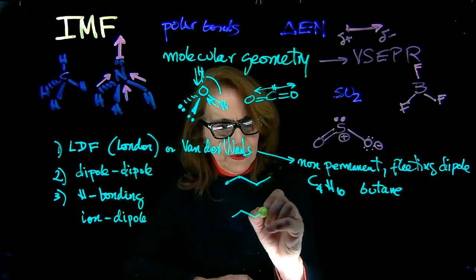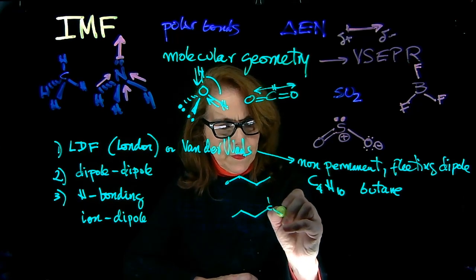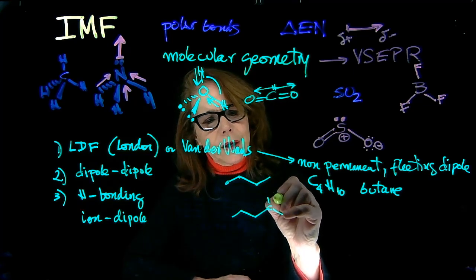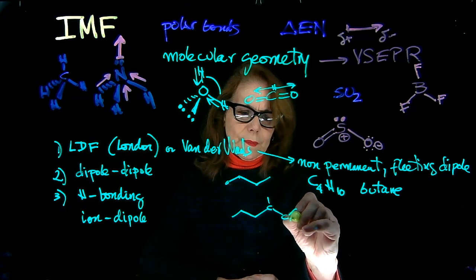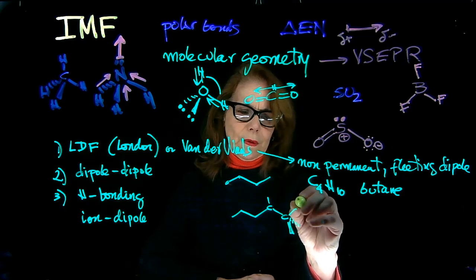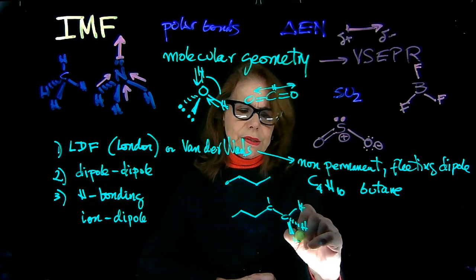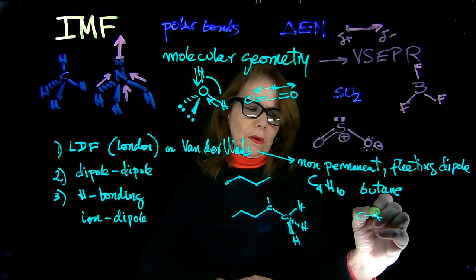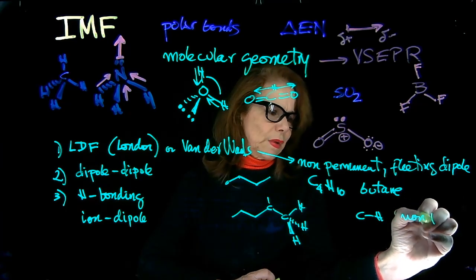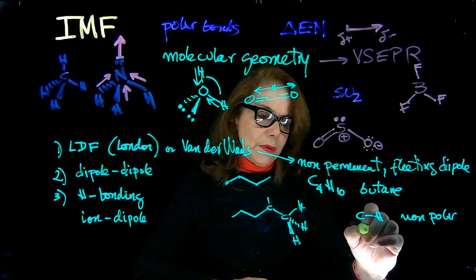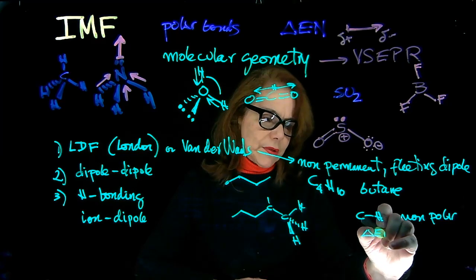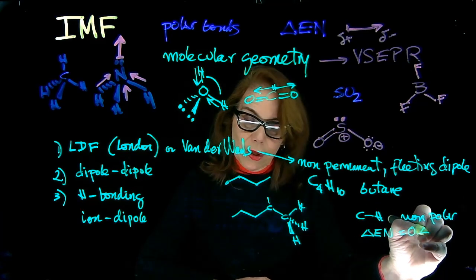And so let's add the hydrogens here. And you will have here at the end H's. And we know that these bonds are also nonpolar. We have discussed that the difference in electronegativity between these two atoms is very small, is 0.4. And we're not going to consider that polar.